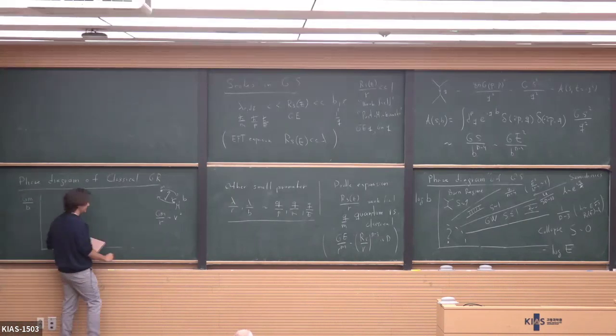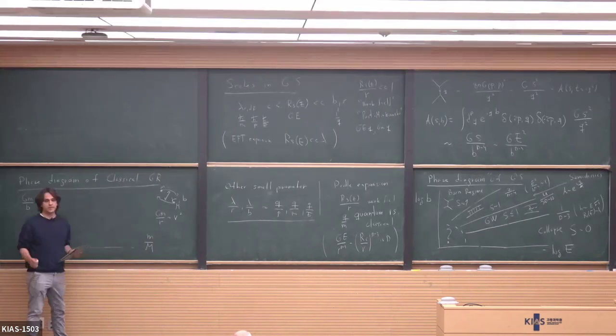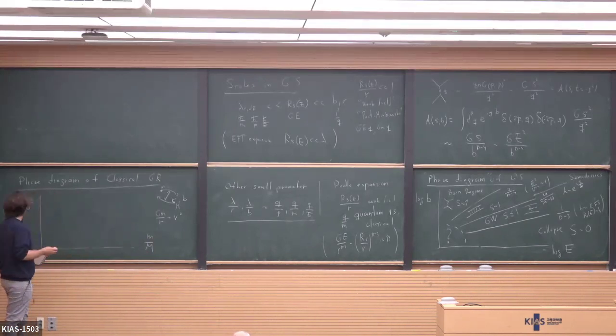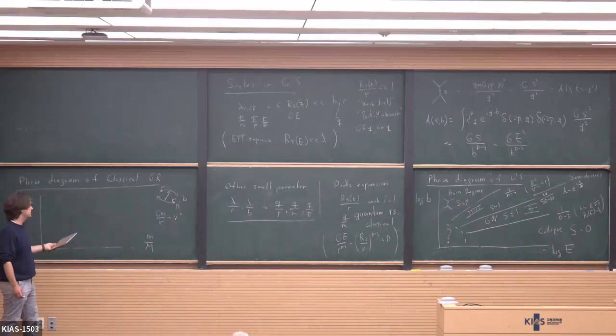And then the other axis is going to be the mass ratio, little m over big M. Here, instead of some order parameter, I'm just going to tell you what tools we have available to solve this. And then we'll see how some of them, the perturbative ones, are realized in the context of scattering amplitudes.